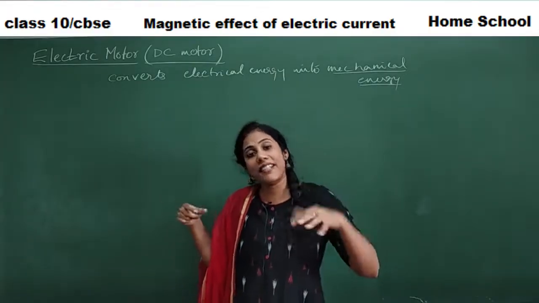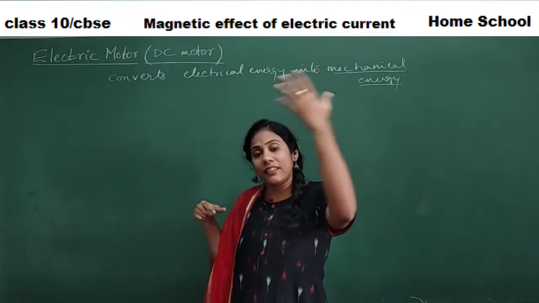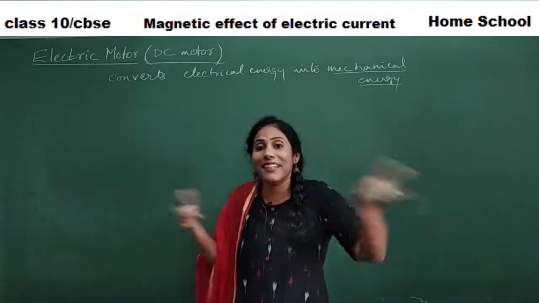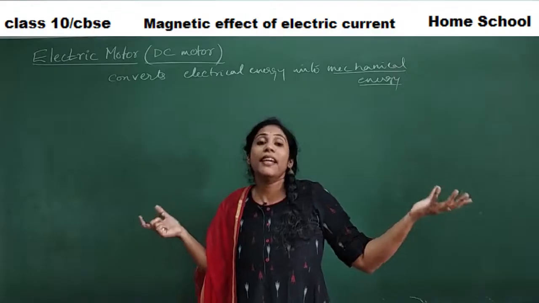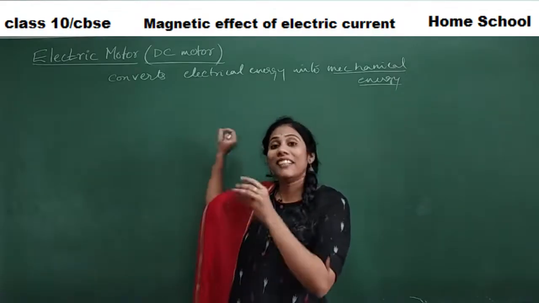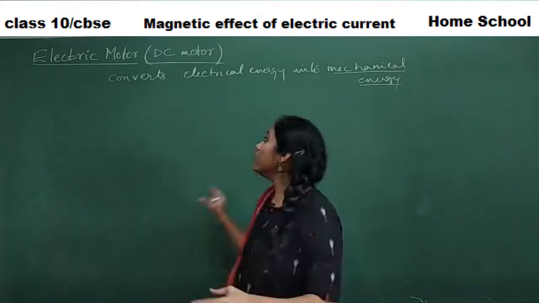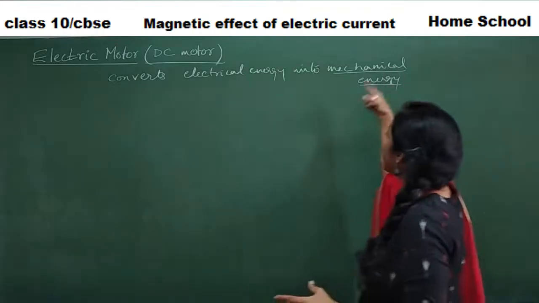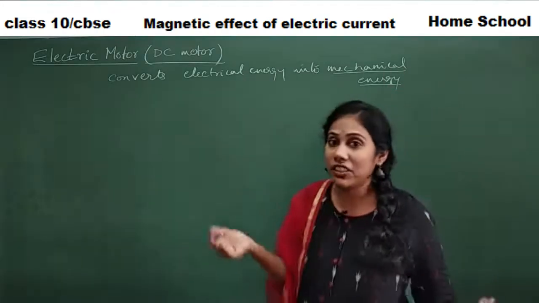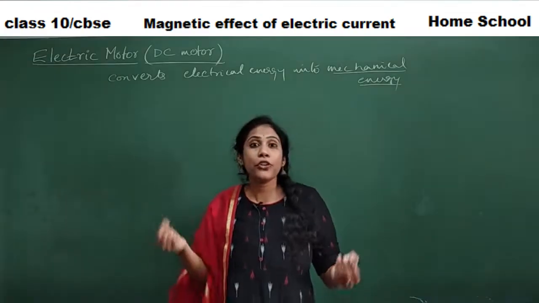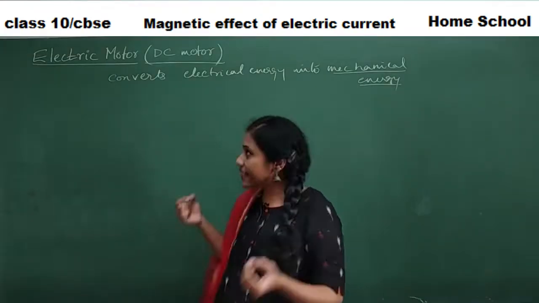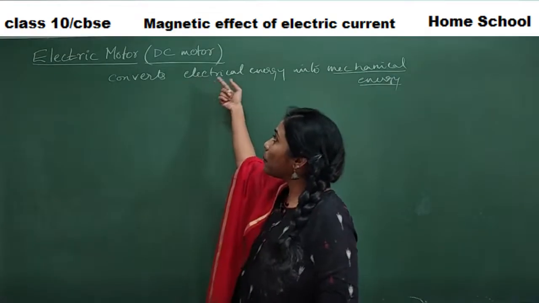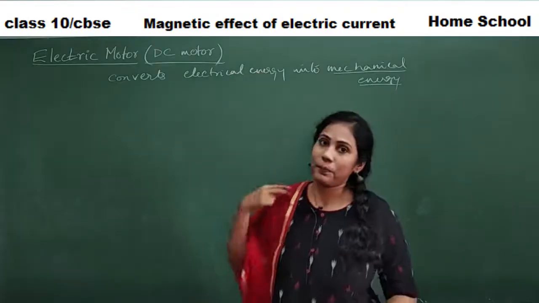Mechanical energy means some work being done either by rotation or by any other movement. So here electrical energy is getting converted into rotational or mechanical energy. This is what is done by our electric motor or DC motor.